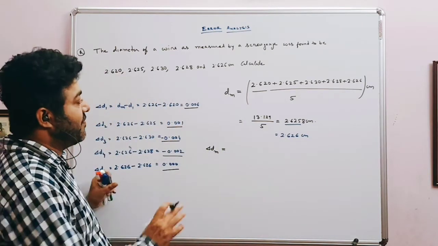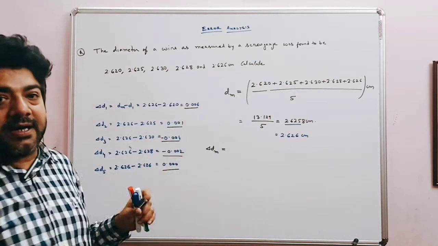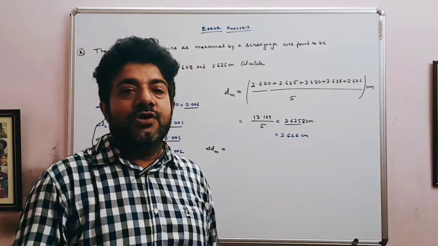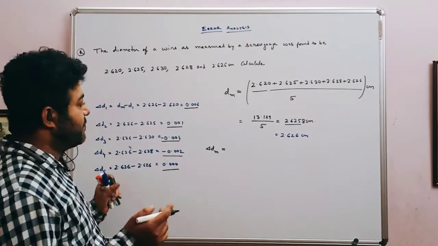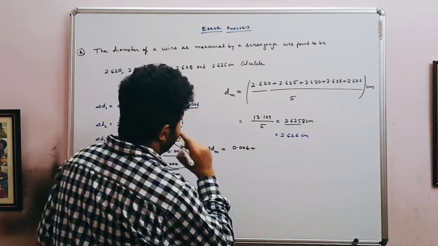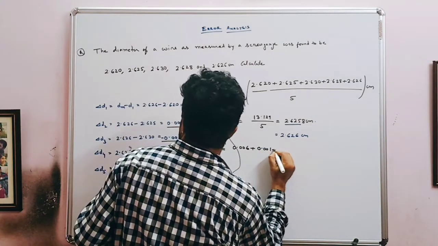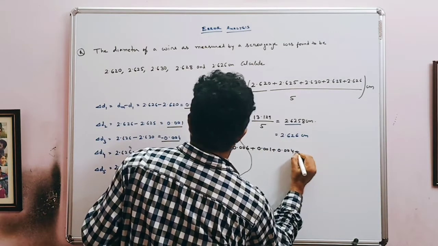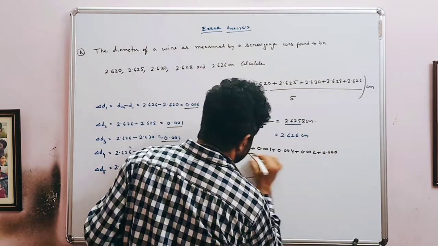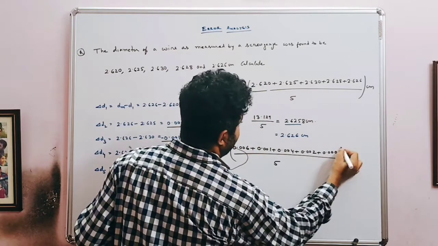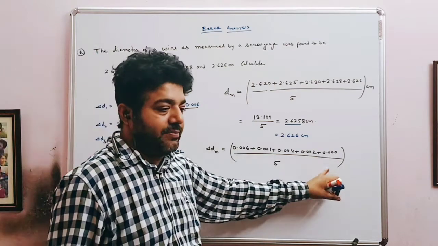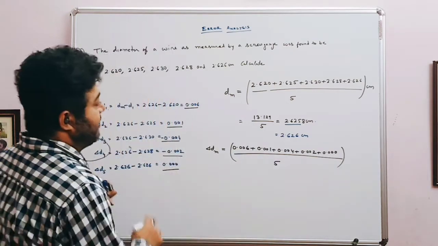Now my next step is to find out the mean absolute error. In mean absolute error, obviously we are choosing the magnitude part, meaning the positive part. So here you have some positive values as well as some negative values. Positive is okay, and negative you have to convert into positive. So we write 0.006 plus 0.001 plus 0.004 plus 0.002 plus 0.000 divided by 5. Why do we choose 5? Because we have 5 absolute errors, although we have one zero error, because we are including 5 values.